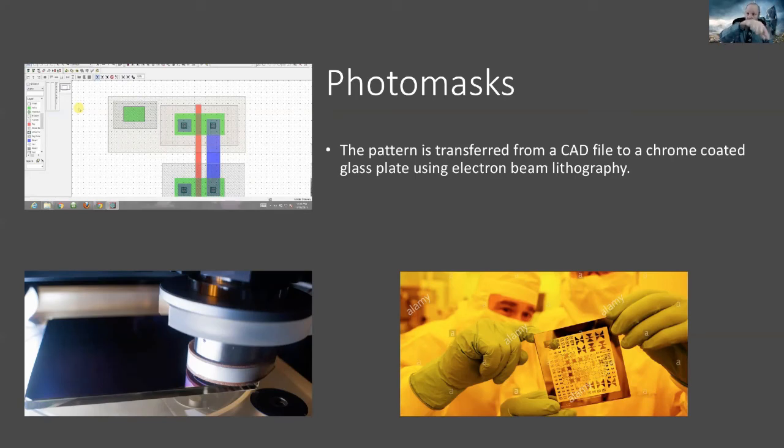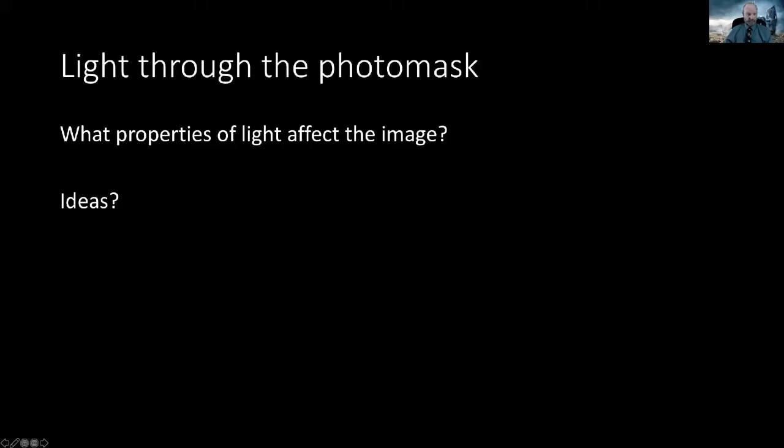You develop the photosensitive material where the electron beam hit, and whatever remains will protect the chrome underneath. Then you etch the chrome. The exposed chrome goes away, the protected chrome stays, and you get the pattern you see on the bottom right.